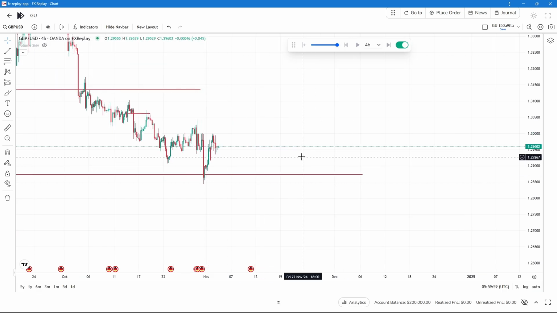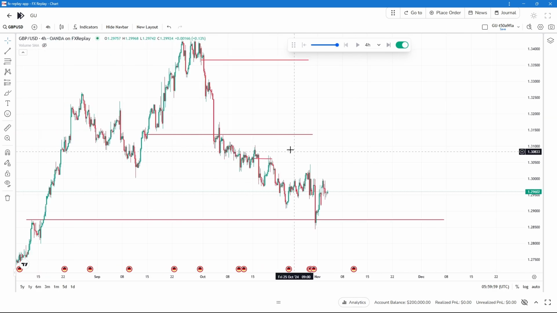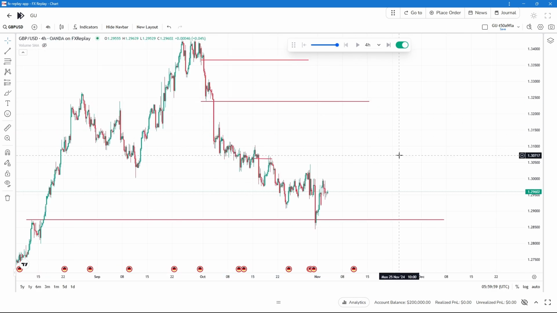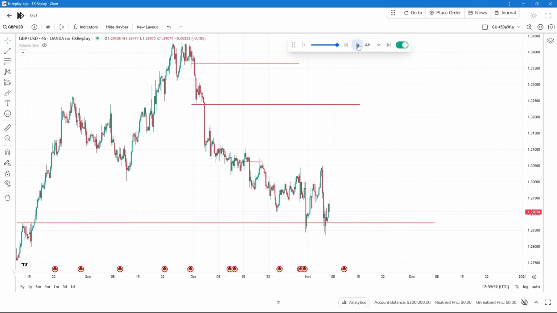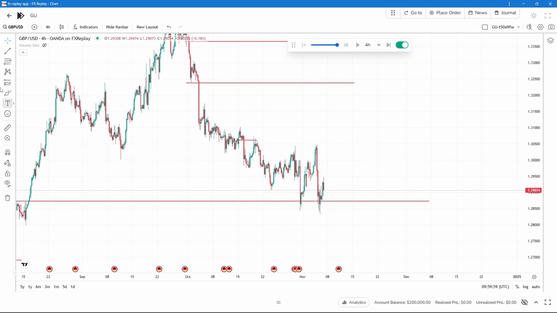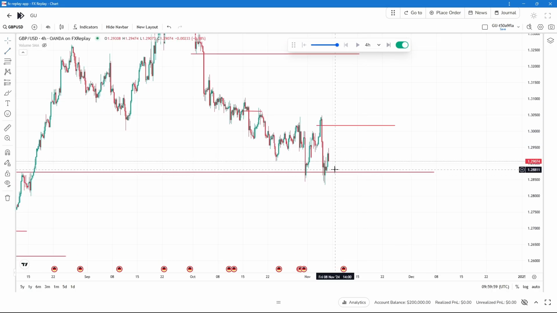One of the imbalances filled here, pretty much filled here. Could be a possibility we could push back up here. Okay, there's some imbalance here now. Little bit of imbalance here, really.